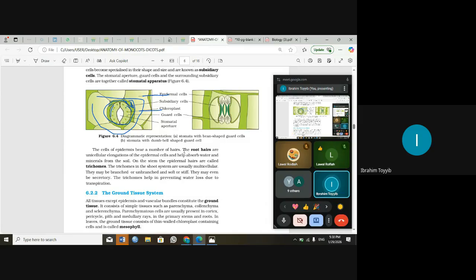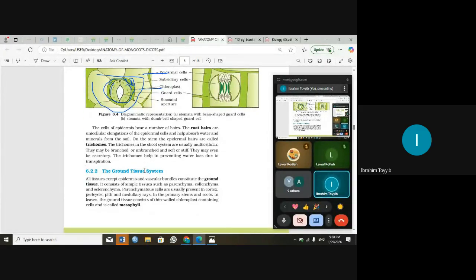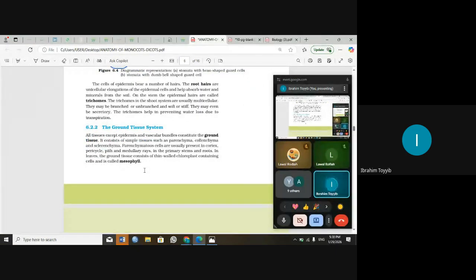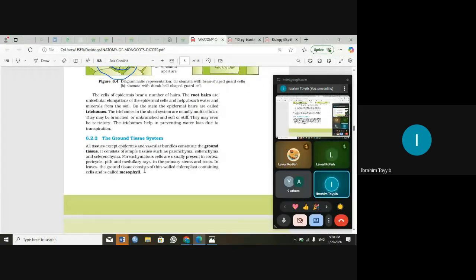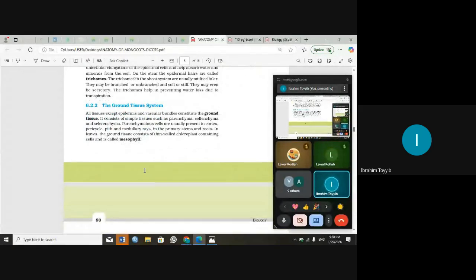So the root hairs are unicellular elongations of epidermal cells and help to absorb water and minerals from the soil. Now let's come to the ground tissue. The ground tissue consists of simple tissue such as parenchyma, collenchyma, and sclerenchyma.